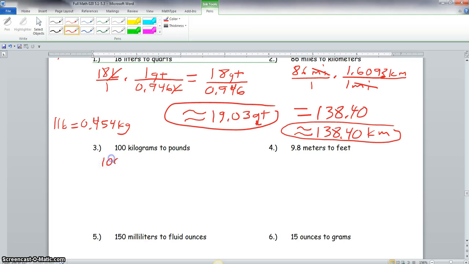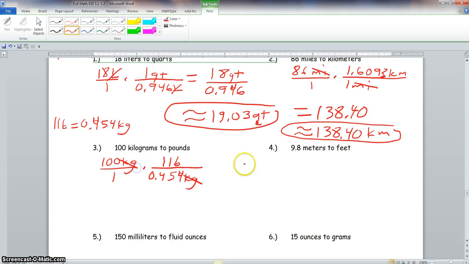So we'll take 100 kilograms. We'll put that over 1, and we'll multiply it by, now in our denominator, the kilograms will go. So it'd be 0.454 kilograms. And in our numerator, we will put our 1 pound.